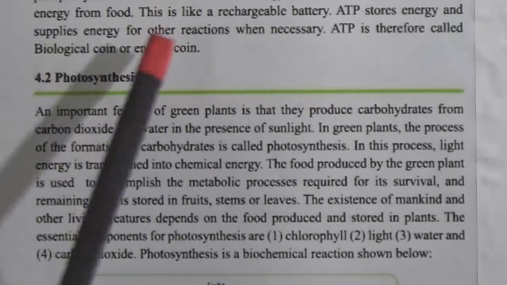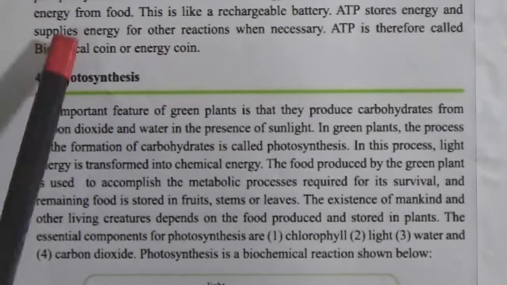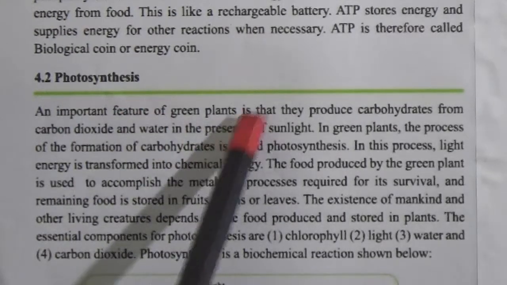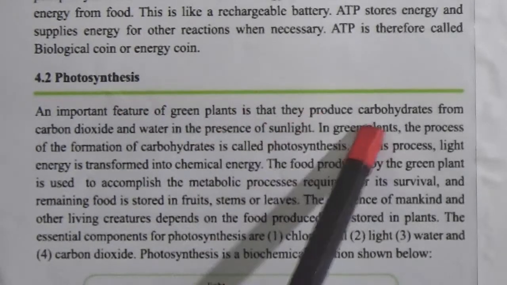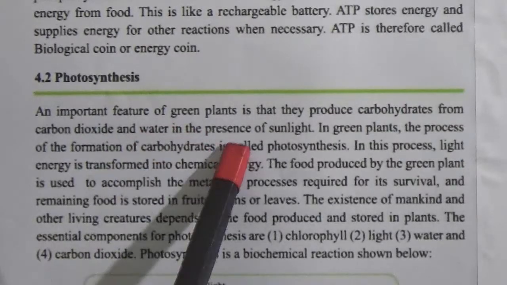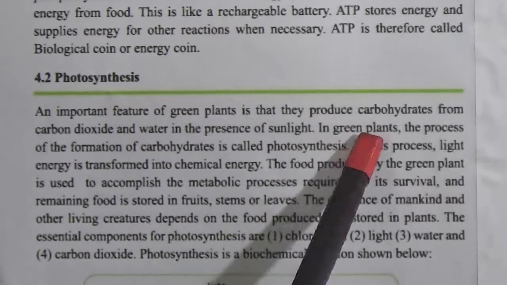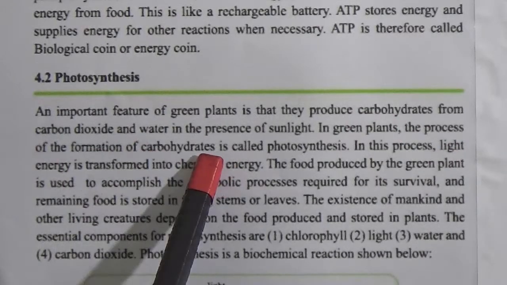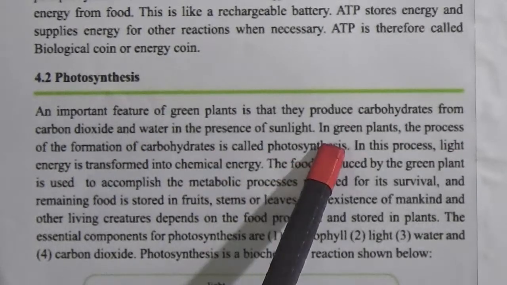We will discuss a little part of photosynthesis today. An important feature of a green plant is that they produce carbohydrate from carbon dioxide and water in presence of sunlight.